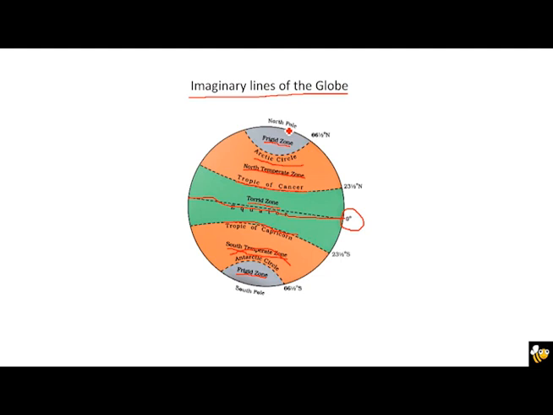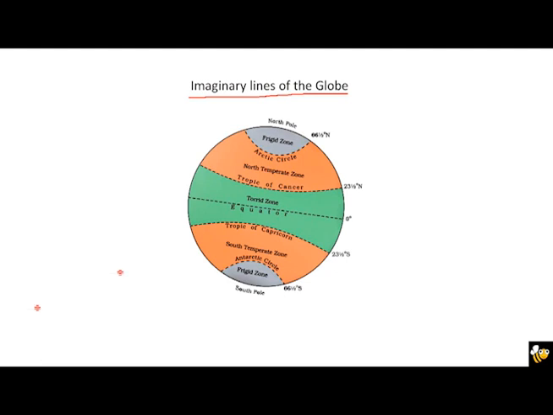In between we have the equator. First of all I will remove these things so that these are very clear to you.